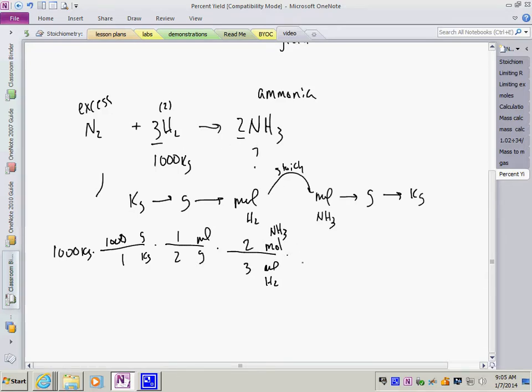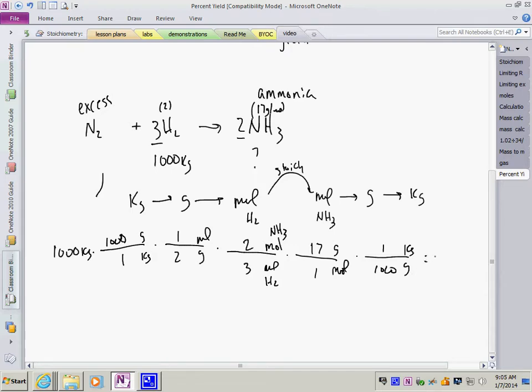If I stopped here, it would be the moles of ammonia that I'm supposed to get, theoretically, on paper at least. So then flip moles to grams. 1 mole is equivalent to 14 plus 3, so 17 grams per mole, added up off the periodic table. Then get rid of grams, go to kilograms, 1,000 to 1, which just cancels out the earlier flip.